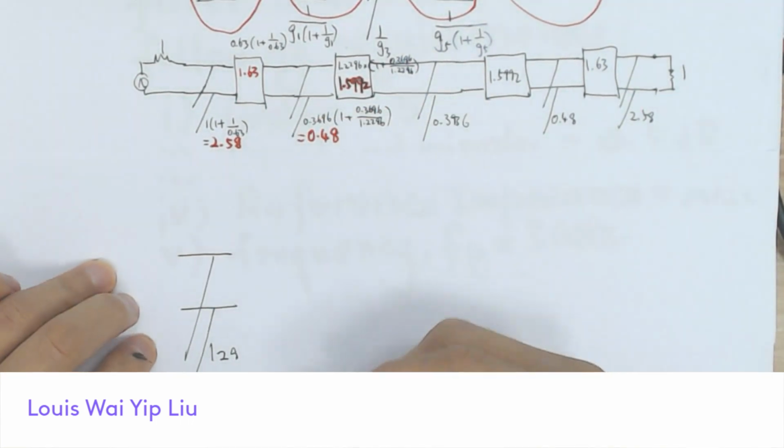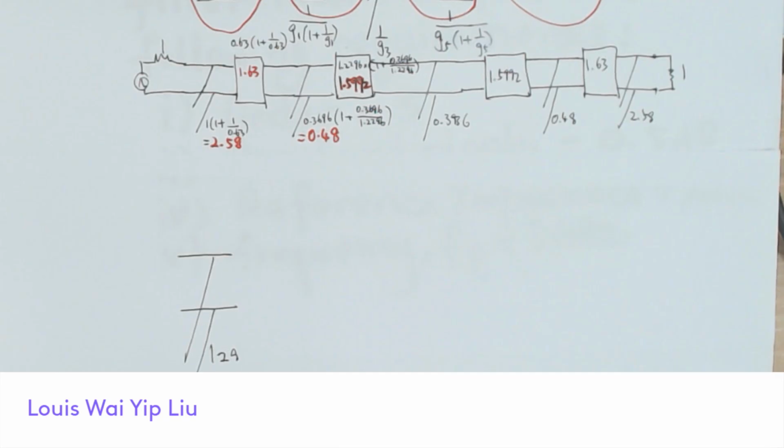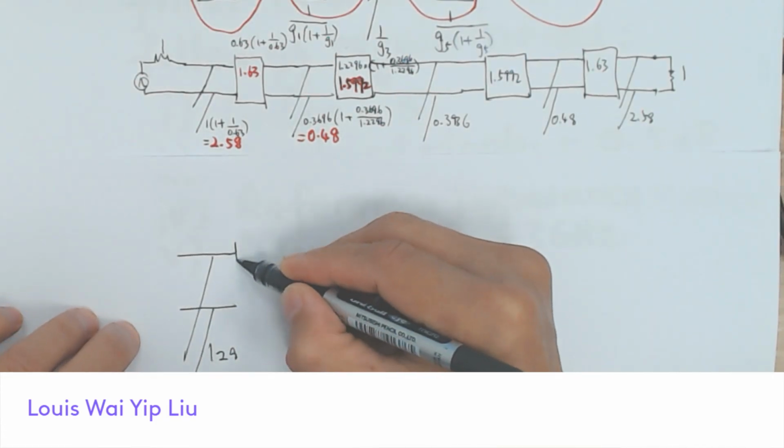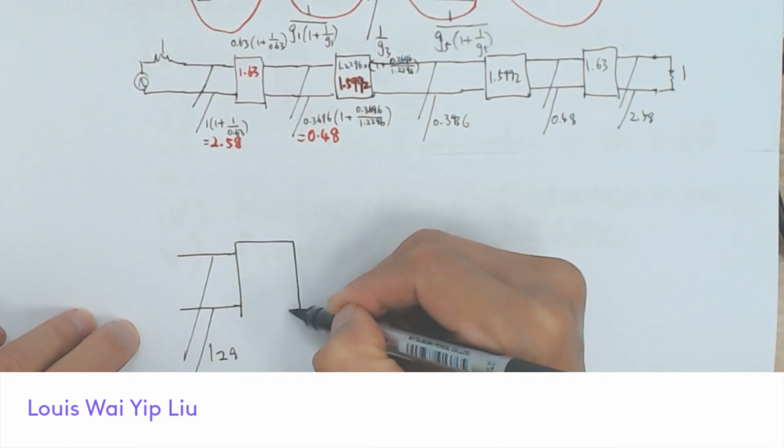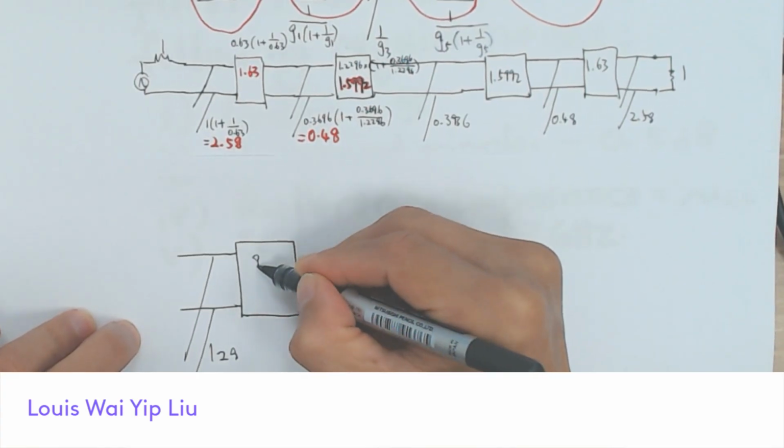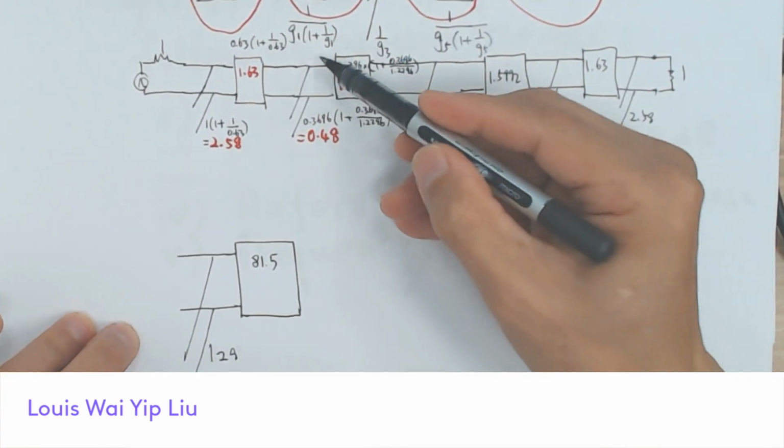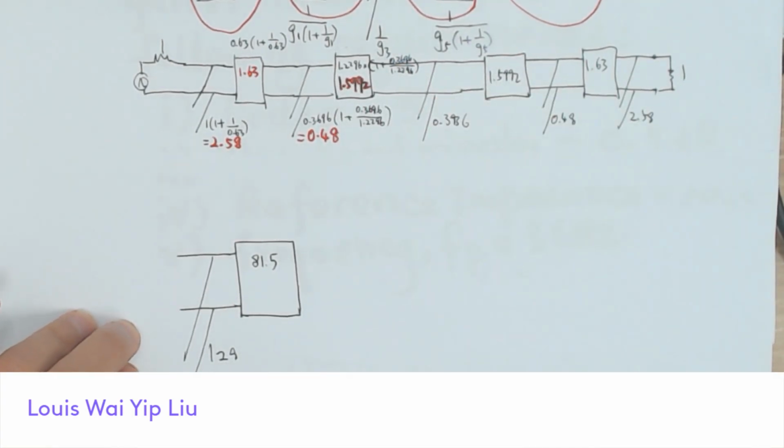This one here, 1.63, 81.5. This one here will be 24.